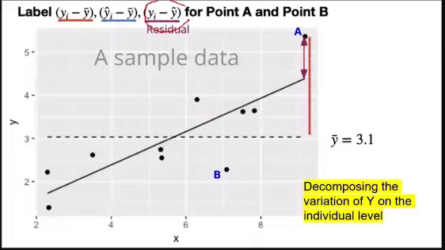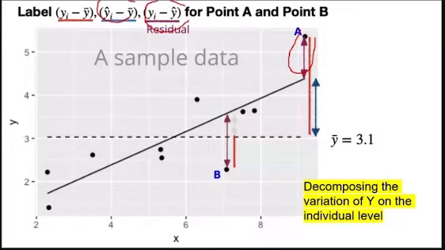Y minus y cap is the residual, and that is what is being displayed. Then if you go back to y cap minus y bar, that is what you get when you consider the model.